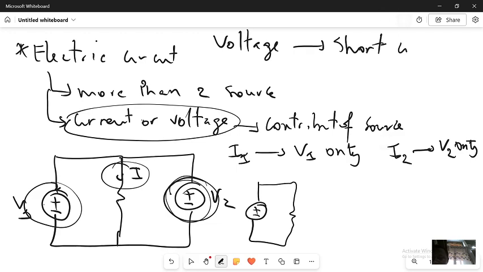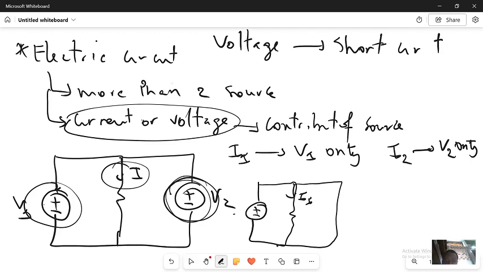We discussed the short circuit in the previous video. So it's going to be turned off by a short circuit here, and in this case I will have I1 here.